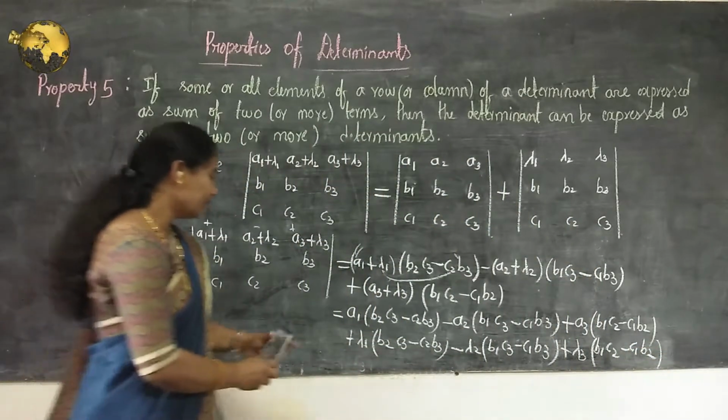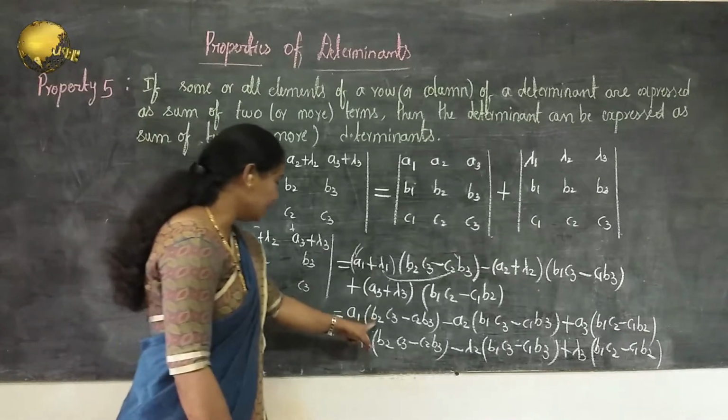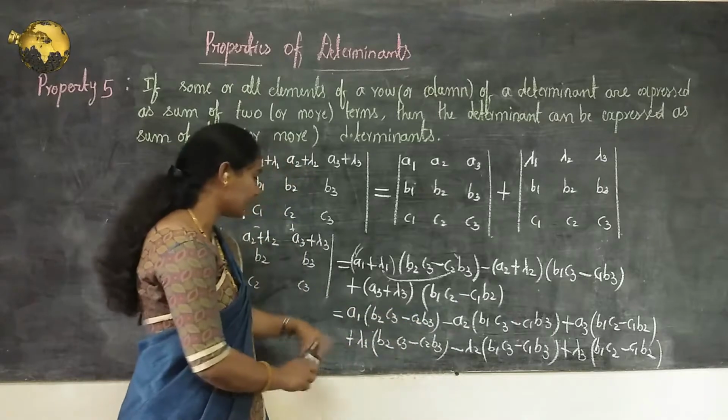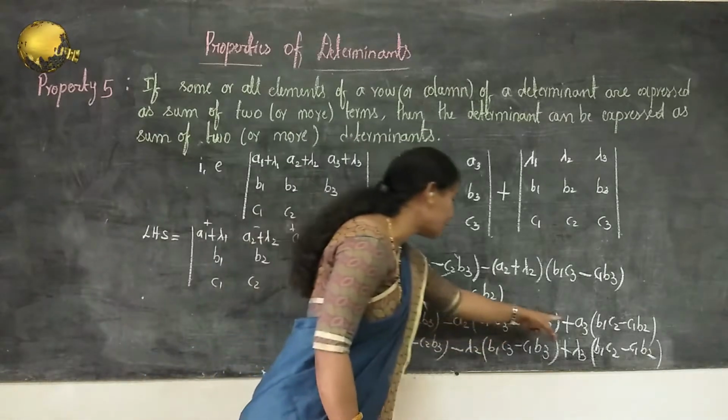Now just see A1 into B2 C3 minus A2 into C2 B3, the first elements A1, A2, A3.